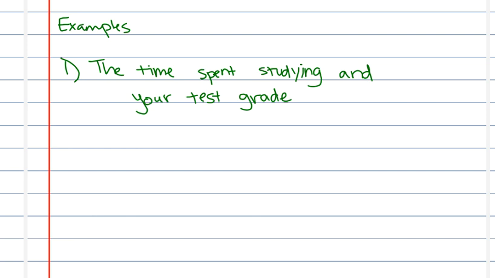What we need to remember is that the independent variable changes the dependent variable. So if I think about the time spent studying and my test grade, I want to think of what's going to happen first that's going to cause something else to change.